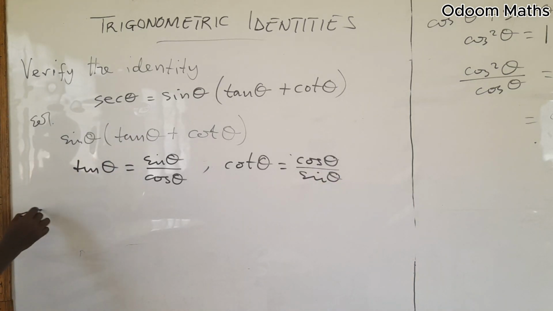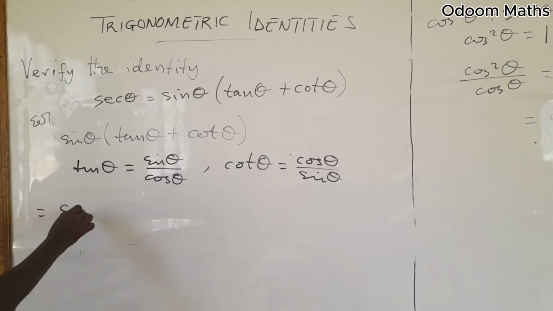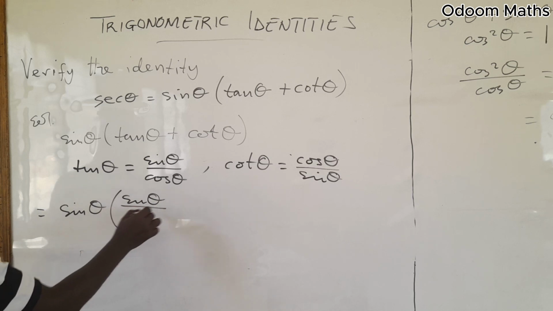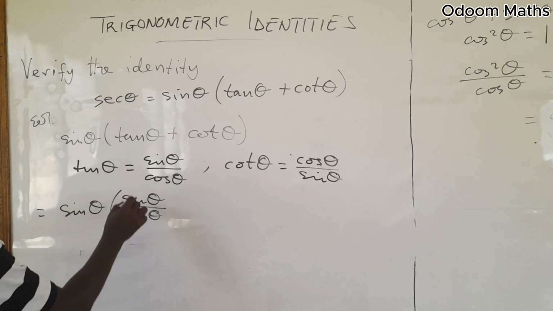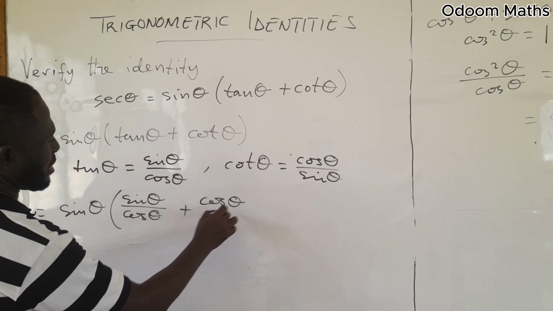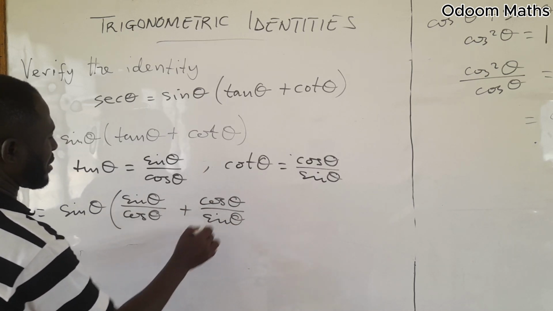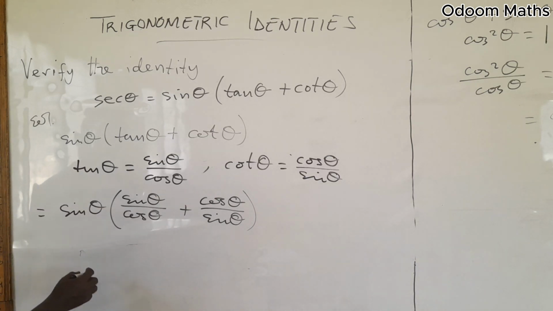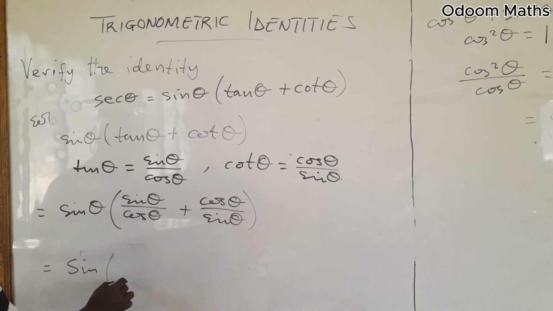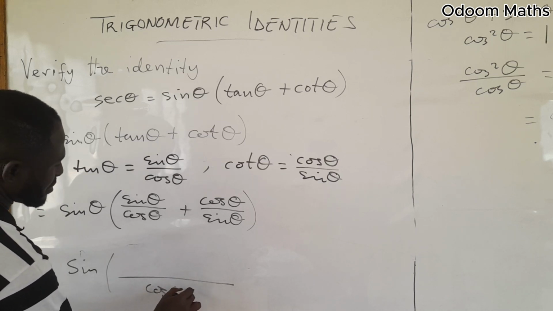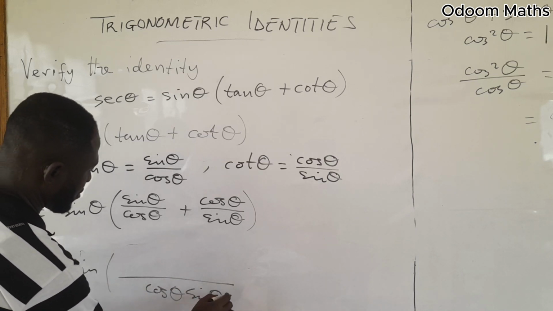So sine theta into brackets sine theta over cos theta plus cos theta over sine theta. So we can look at the LCM in the brackets. So sine theta outside, this is going to be over cos theta times sine theta.